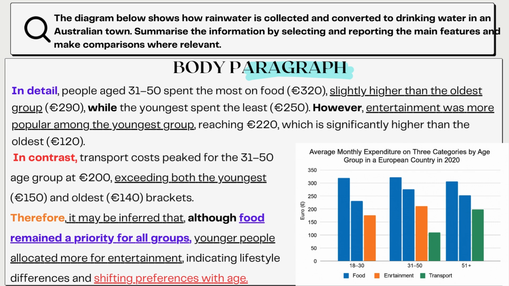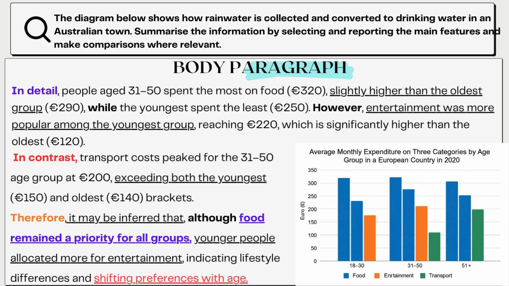Though I have mentioned the statistical figures, the euros which are spent by each group, and how the youngest have spent on entertainment and food only, the middle aged people have spent money on food, entertainment, and transport, and the aged have only spent money on food and transport.